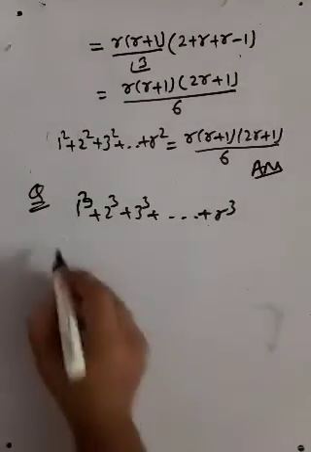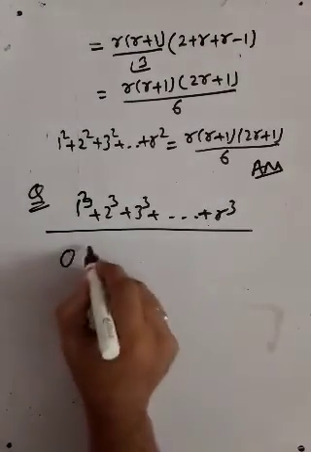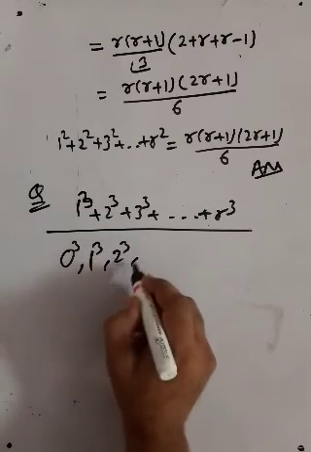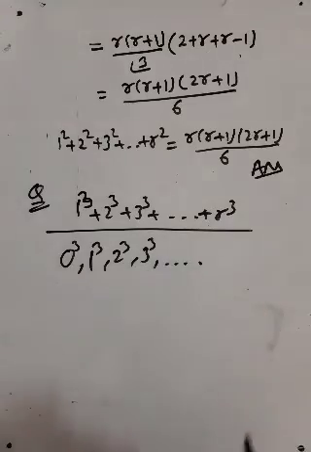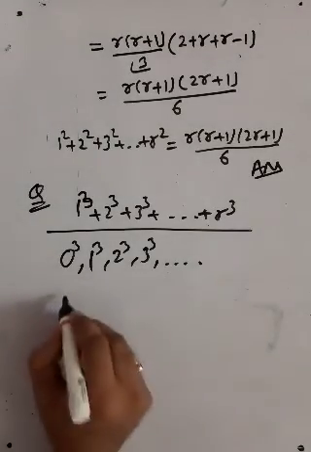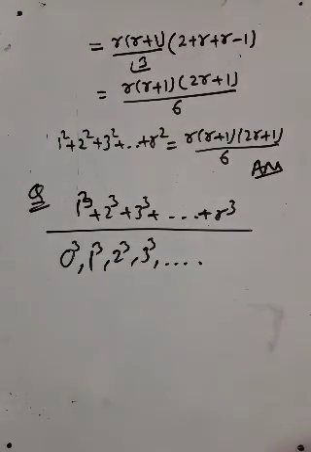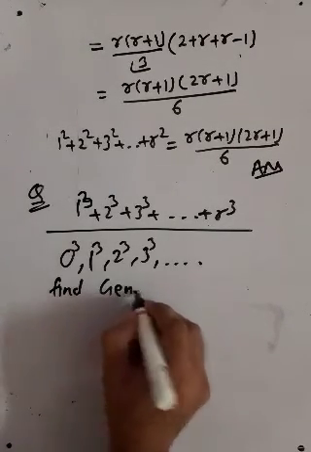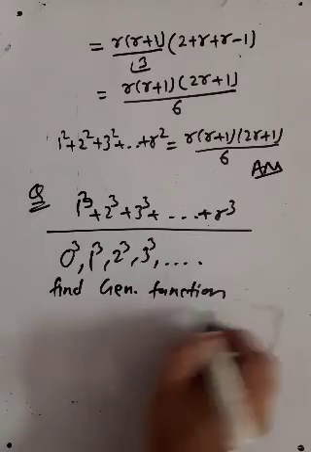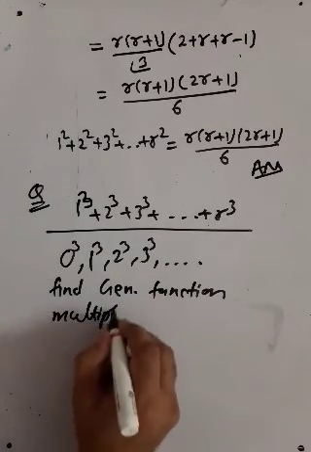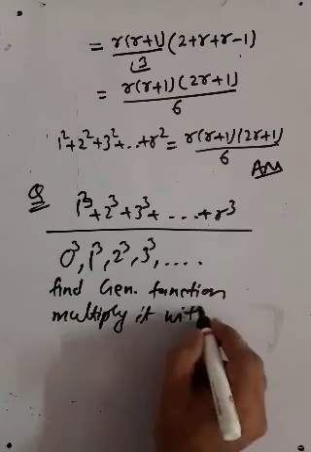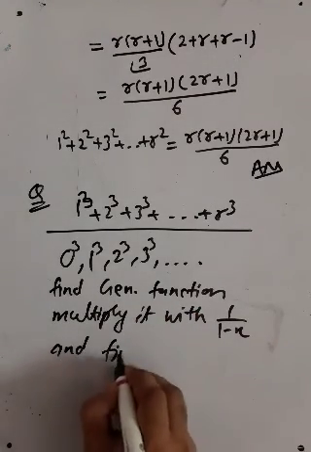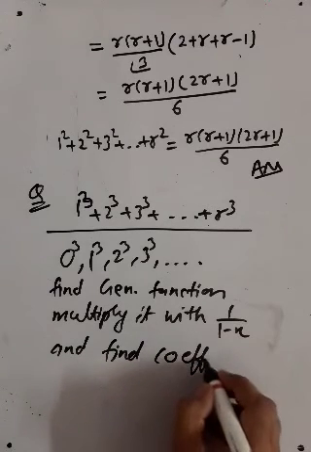In this question, first we find the generating function corresponding to 0 cube, 1 cube, 2 cube, 3 cube, multiply the corresponding generating function with 1 upon 1 minus x, and find the coefficient of x raised to r.